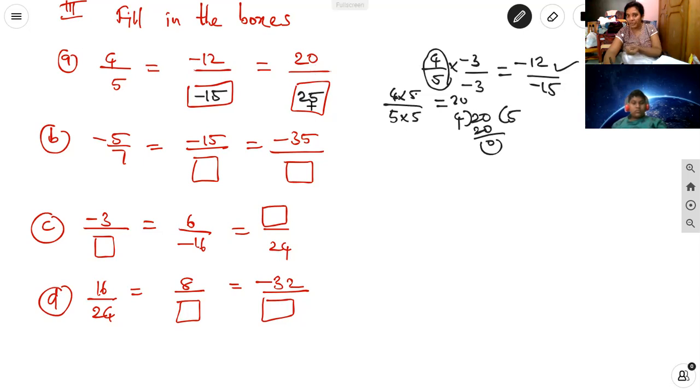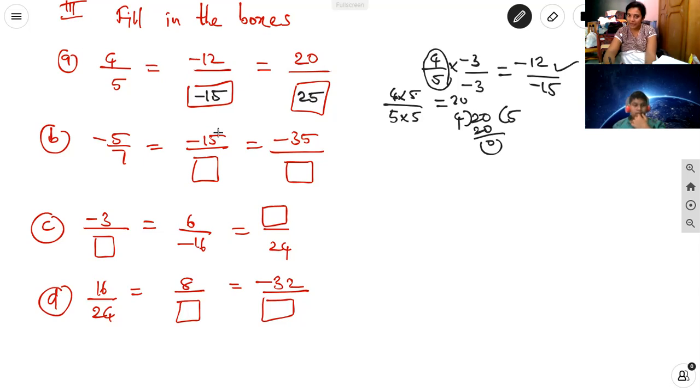Why? Because 20 and 25 come in the 5 table: 5 4s are 20, 5 5s are 25. So the standard form of 20 upon 25 is 4 upon 5, and minus 12 upon minus 15 is also 4 upon 5. So these three fractions are equivalent fractions.